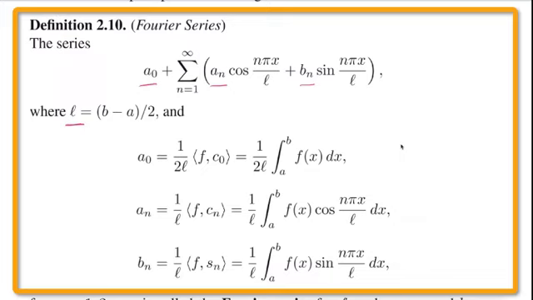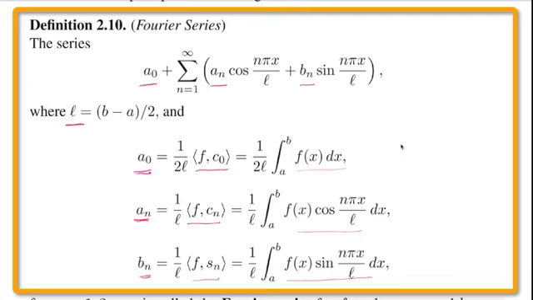And then we can compute a0, an, and bn. So a0 would be 1 over 2L times the inner product of f with c0, which is the integral here. An is the inner product of f with cn, the cosine terms. The bn is the inner product of f with the sine terms. And all multiplied with 1 over L.